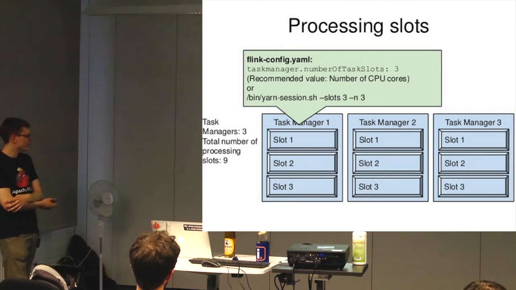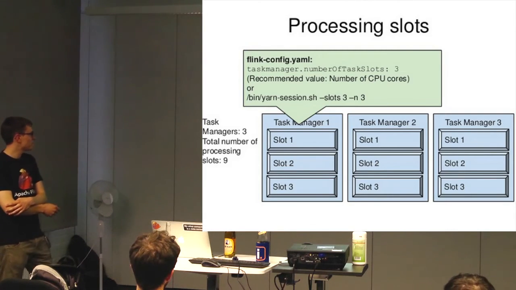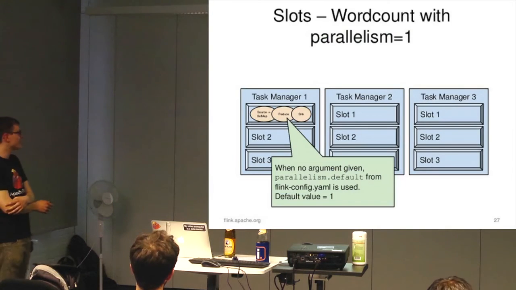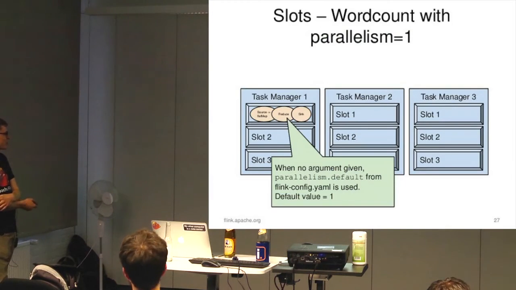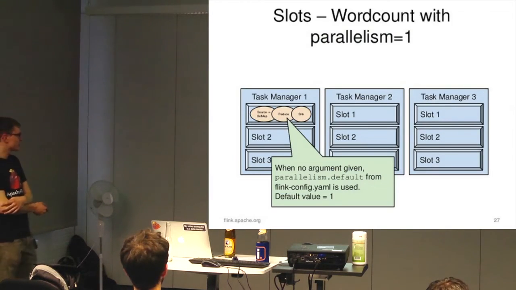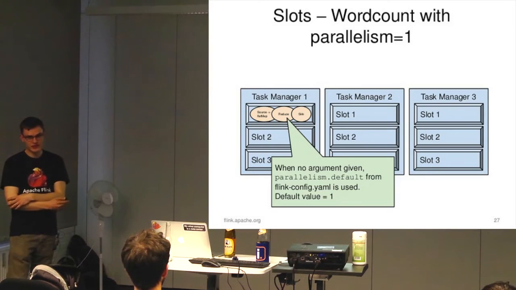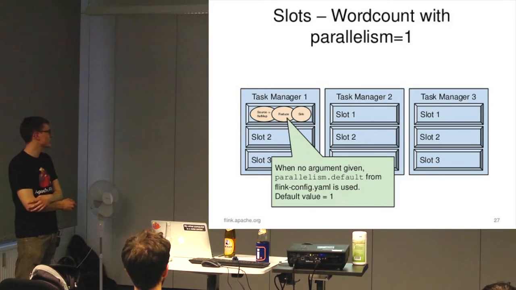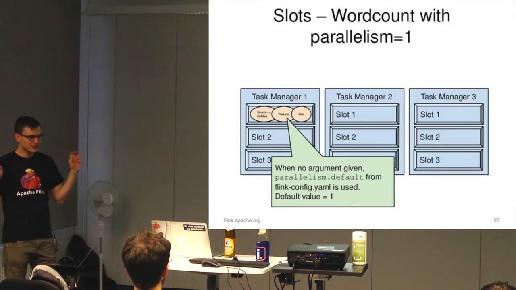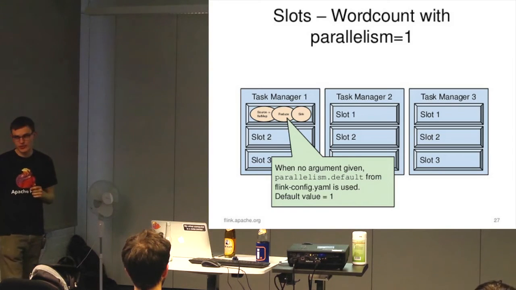So then you also end up with 9 slots. And then when you submit a job, by default, we'll use this configuration value, parallelism.default, which is set to 1. So by default, for example, Wordcount will be run in one slot. So one machine will use one of its executor task threads to execute your word count.